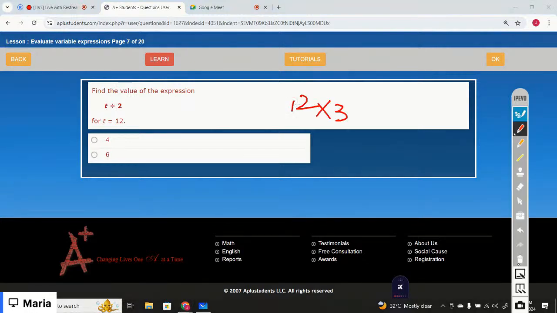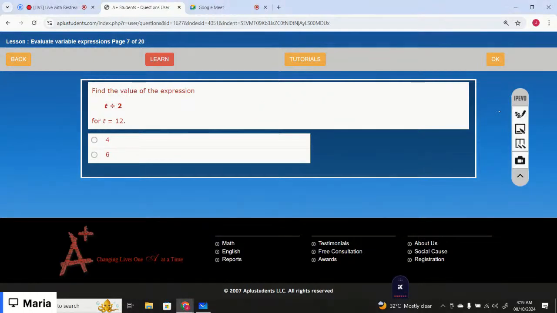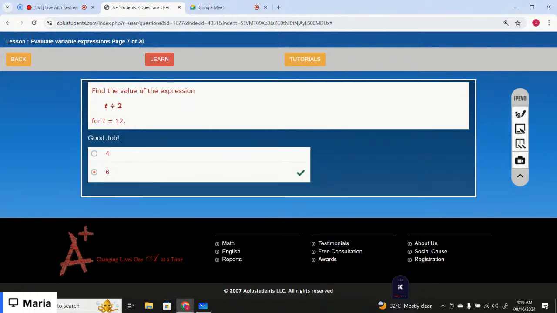So which is the correct option? 12 divided by 2 equals, that is 2 times 6 is 12. So the correct option is 6. Option number 2 is the correct option.